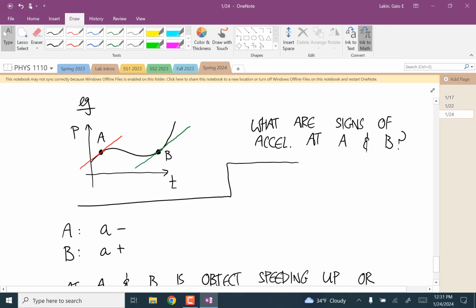So by knowing how to interpret the velocity and acceleration from a position versus time graph, you can see what it's doing: going one direction, slowing down, stopping, speeding up the other direction, slowing down, stopping, and then speeding up in the original direction.